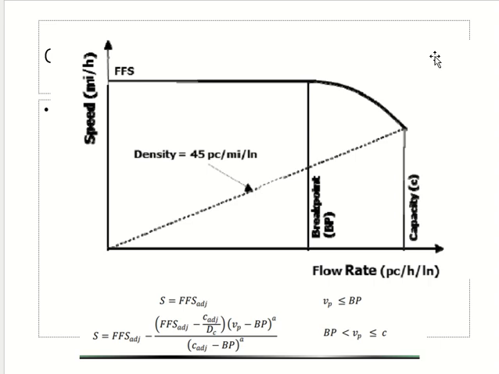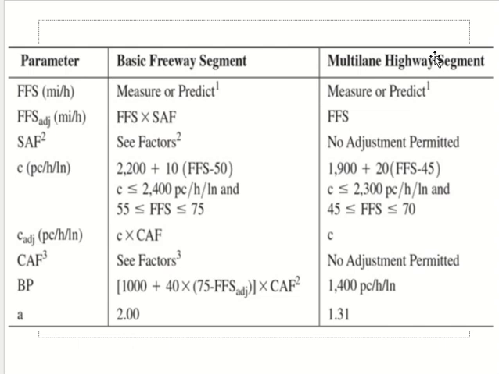If your flow is less than this point, your speed is free flow speed. If your flow is more than this point, your speed is not free flow speed. Got it? So I need to check with this point now. I already have the flow. I need to calculate this point, which is called the break point, mentioned here. What is the equation of the break point? This is the equation.